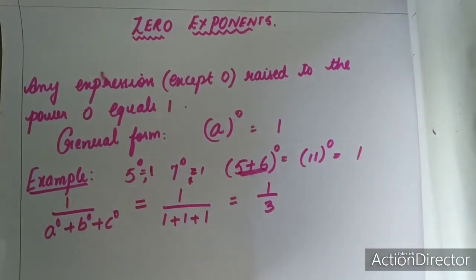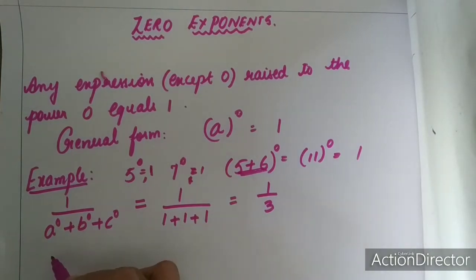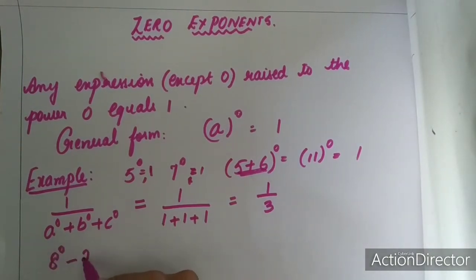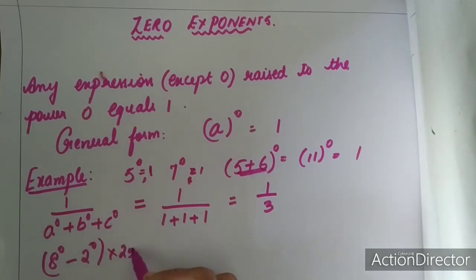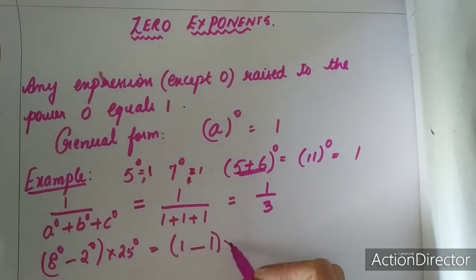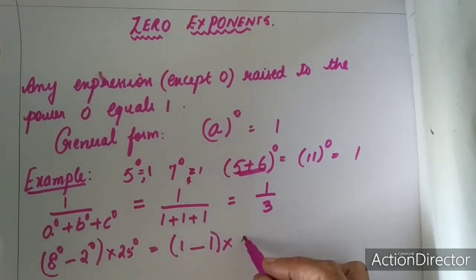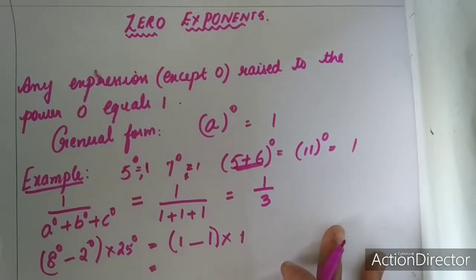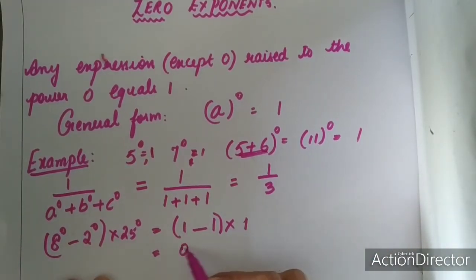Next, one more sum, 8 power 0 minus 2 power 0 into 25 power 0. So this will be equal to, what is 8 power 0? 1, 2 power 0 is 1 into 25 power 0 is 1. So this will be equal to 1 minus 1 is 0. 0 into 1 will be equal to 0.